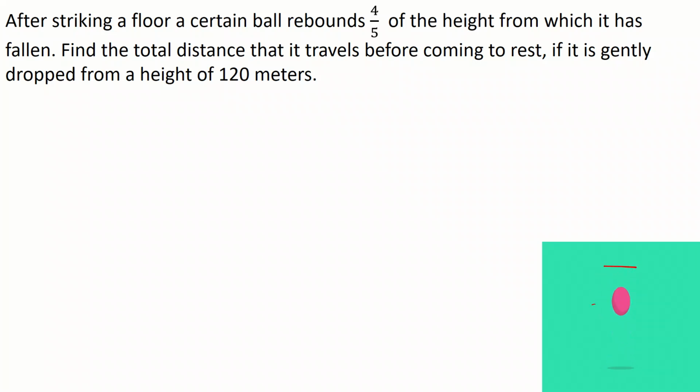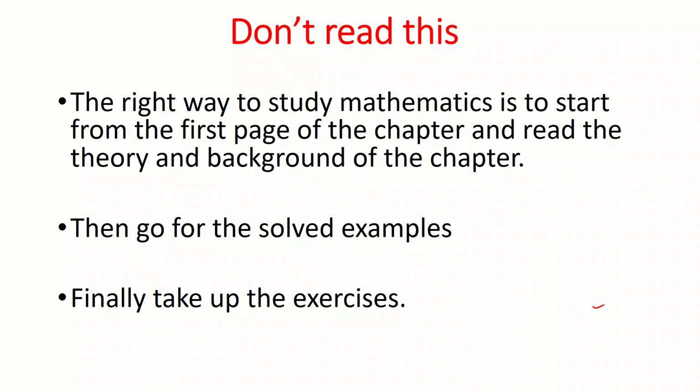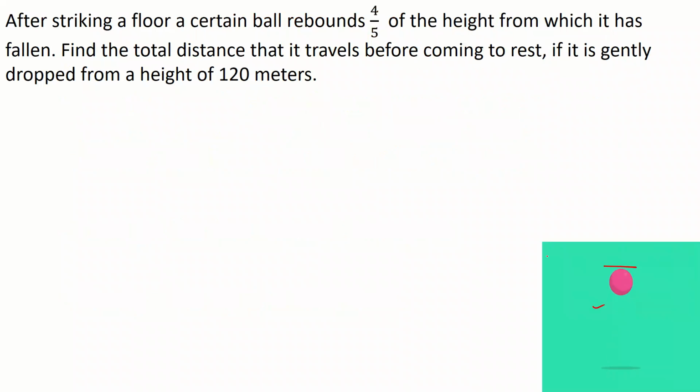Now the question says that it will again jump back and it will rise up by 4 by 5. So in this animation you are seeing that it is going up the entire height again, but I don't want that. The question says that it only jumps back to 4 by 5 of its height.